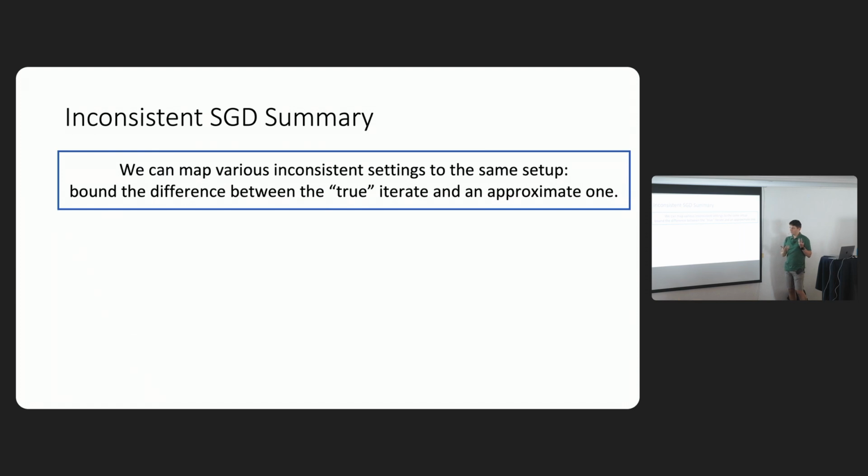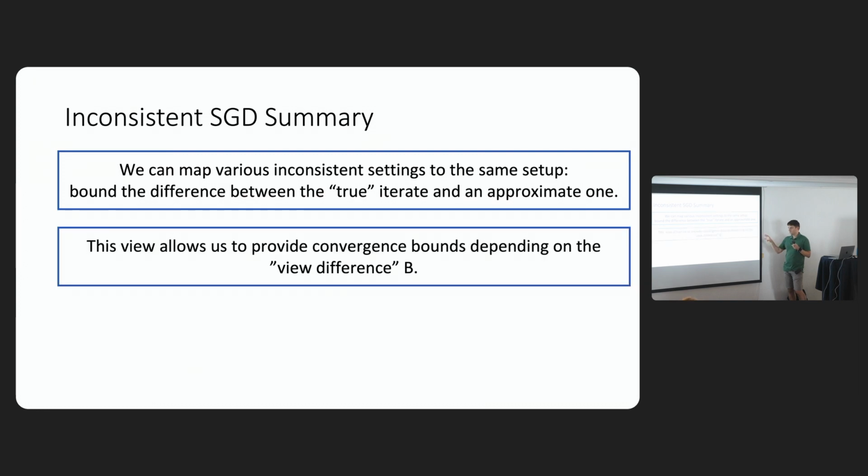Then we define this true iterate, which includes everything that's generated in the system, and we just need to bound the difference between this true iterate and the approximate one. I gave you, admittedly, a sloppy way of deriving such bounds. I'm happy to share the actual formal derivations with you afterwards.